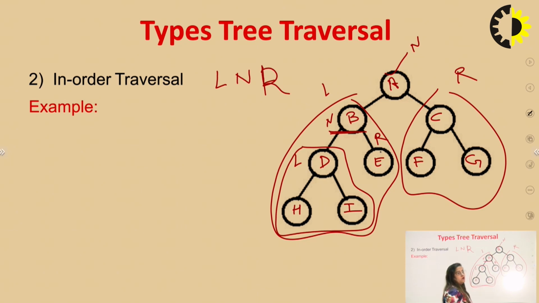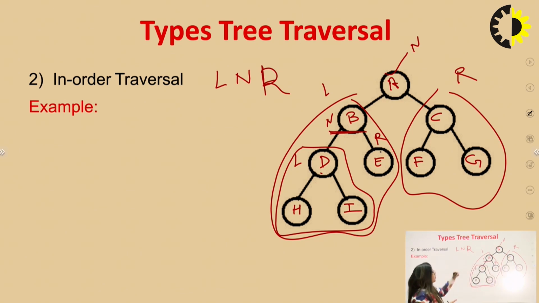That's why we can say that this traversing is also called a recursive method. Again it is left and this one is right, and this one is the root. So one by one, first complete all nodes of the left subtree. After that we use the root node, that is A, and at last we use all nodes of the right subtree.